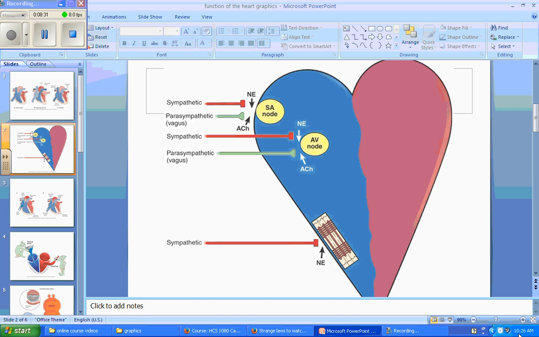The third effect that the sympathetic nervous system has on the heart is the innervation directly to the myocardial tissues of the ventricles. The innervation of the myocardium actually causes the actin and myosin myofibrils in the myocardial tissues to contract harder.